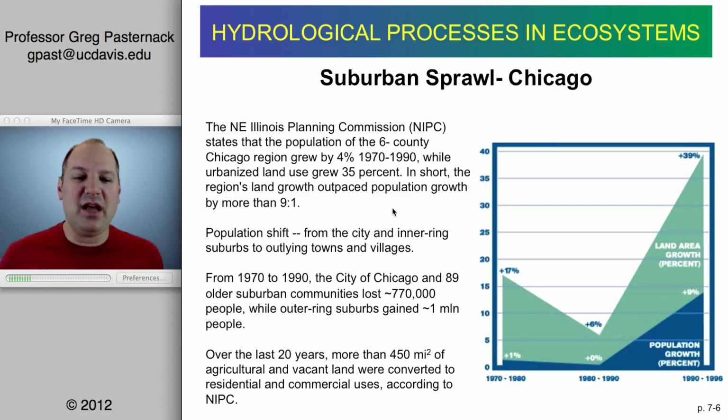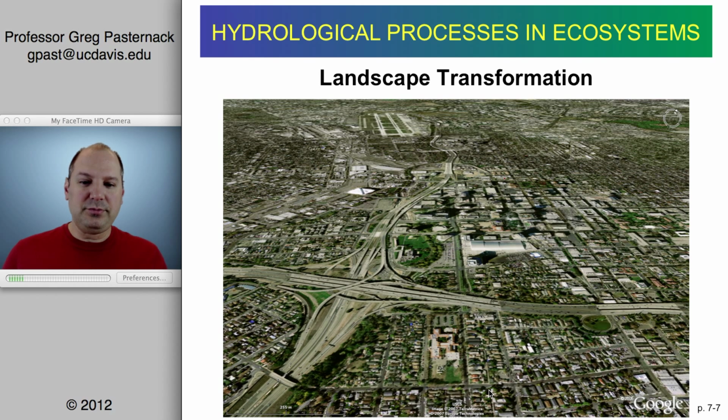That's characteristic of suburban sprawl. Over the last 20 years, more than 450 square miles of agricultural and vacant lands were converted to residential and commercial uses. So this just reflects, in part, flight as people leave the core areas of cities, valuing the benefits of a suburban lifestyle.